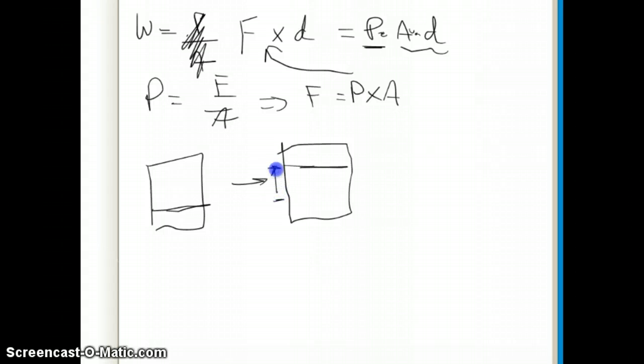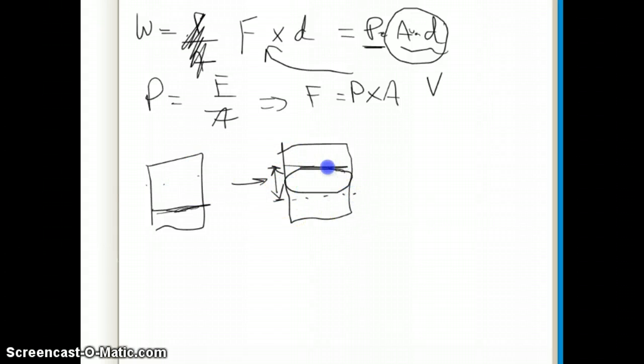So it moves up this height. Now there's an area, of course, that's part of that piston. Maybe this is a cylinder of some sort, so there's surface area, and then it moves up a certain distance. So if you multiply that area and the distance that it moves, of course you get volume. Okay. Now what happens here is that's the volume change that happens. So you have starting volume and you have final volume, and this is the amount here.